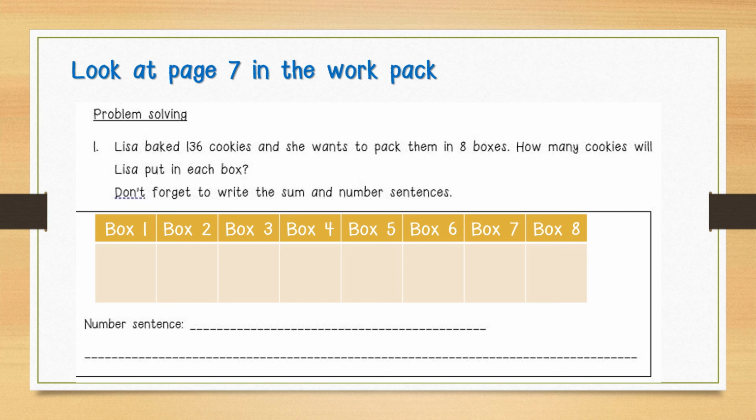So we know how to count in 2s, 3s, 4s, 5s, and 10s, as well as 20s, 50s, and 100s. So we're going to use one of those counting styles to show our working, and also to put the cookies in each box instead of drawing circles.